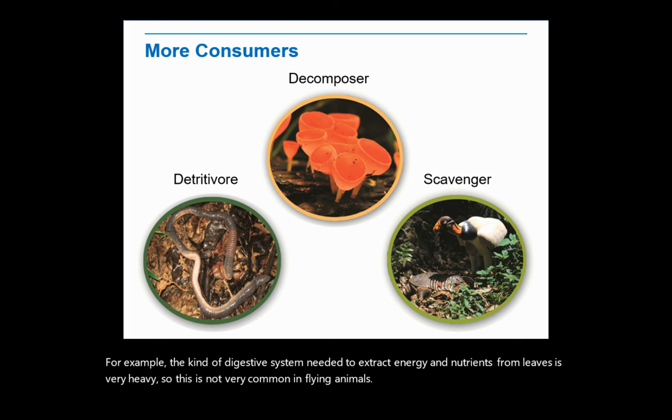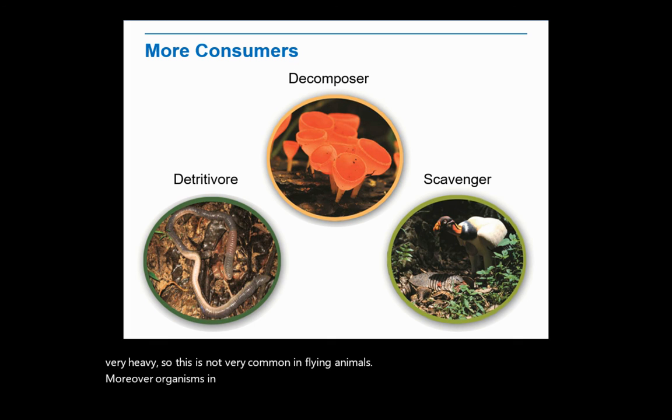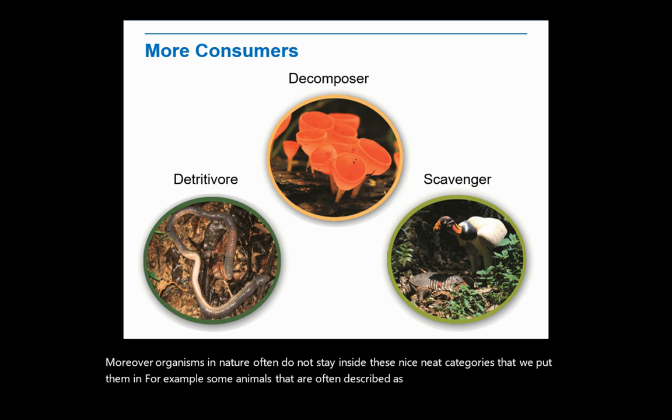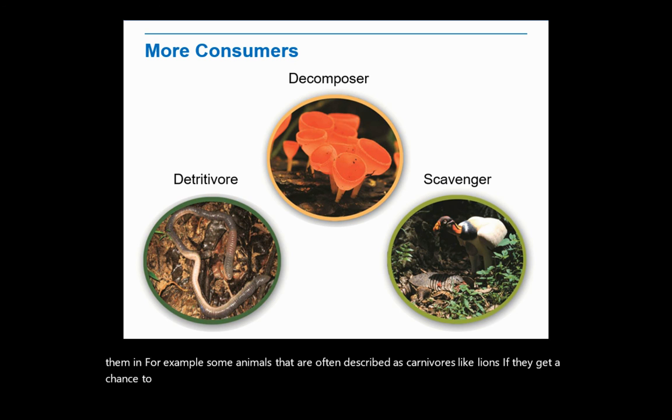Moreover, organisms in nature often do not stay inside these nice, neat categories that we put them in. For example, some animals that are often described as carnivores, like lions, if they get a chance to scavenge, they will become scavengers.